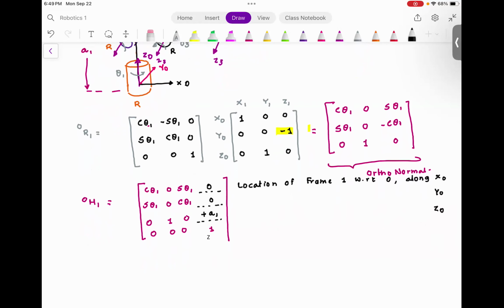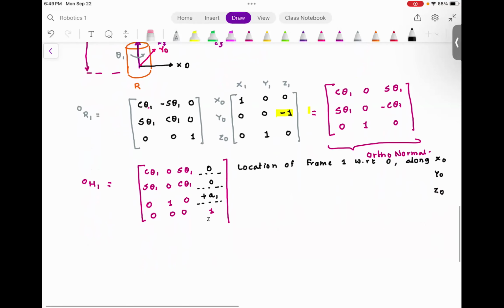Can we go to the second homogeneous transformation? So now I need to do 1R2. The first part is very simple. You have the rotation matrix. This rotation matrix is not going to change, multiplied by the projection matrix.